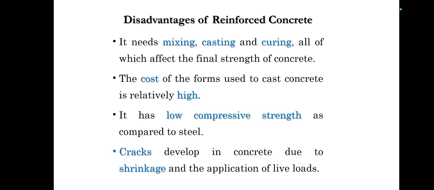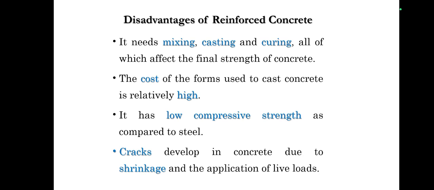The cost of the forms used to cast concrete is relatively high. When you want a particular shape or dimension, you need to use formwork, which will be costlier. It also has low compressive strength compared to steel.